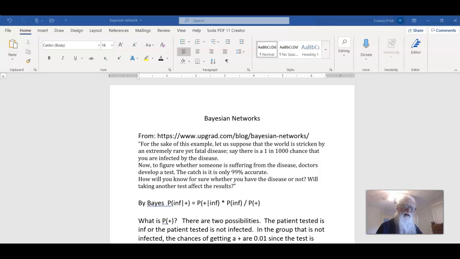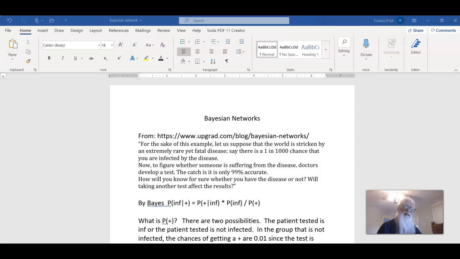So here's our problem. We know that the world is suffering from something, but it's a disease that only strikes 1 in 1,000. Now, we have a test to see if a person has it.